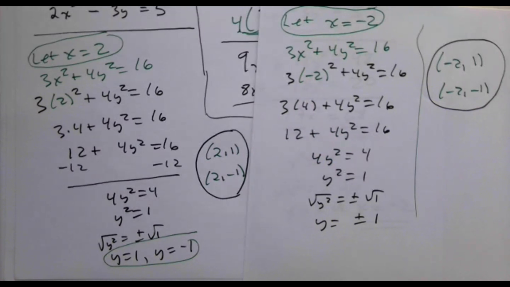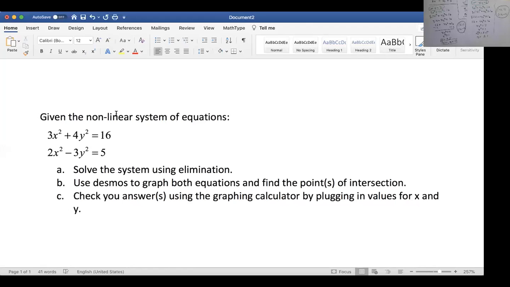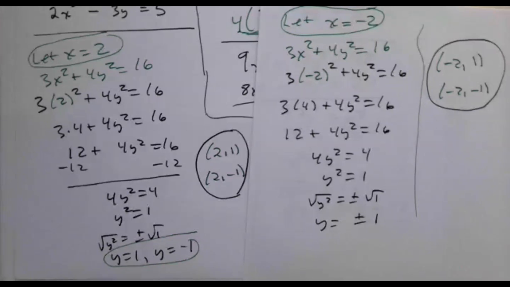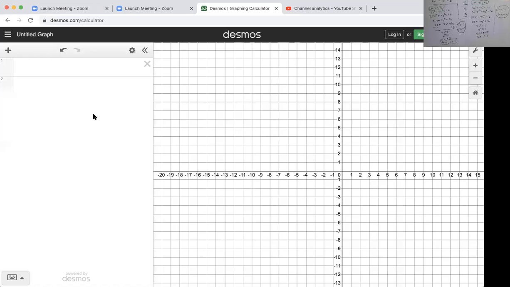What's the next thing that it's asking us to do? It wants us to use Desmos. So let's see if we can use Desmos to find our points of intersection. So as always, I will load Desmos. Pull it up now. So I have 3x squared plus 4y squared is 16.